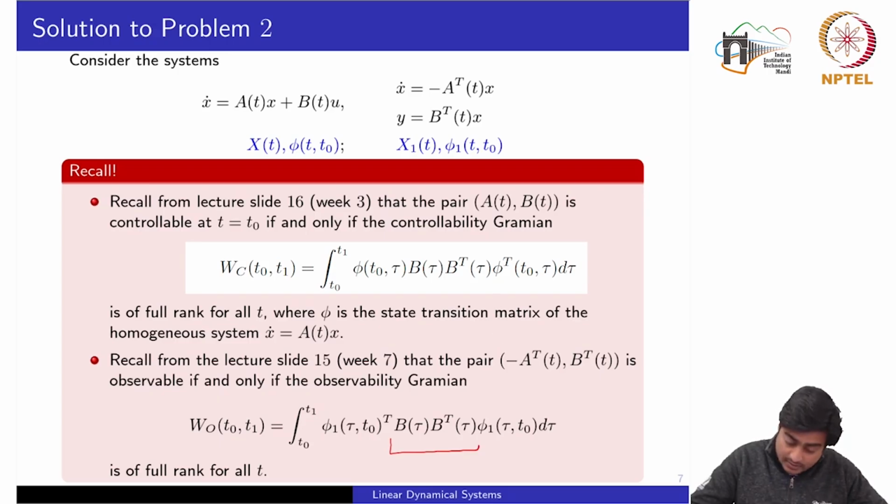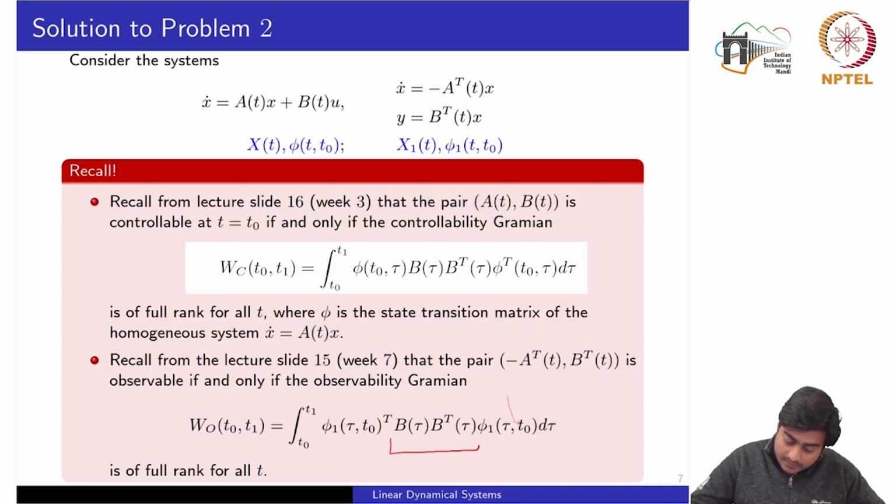So the next idea is, if we can show a relationship between the state transition matrix of system 1 and that of system 2, then we can directly show that WC is equal to WO. With a clear look, we only need to show that phi of t1 comma tau should be equal to phi 1 of tau comma t naught, transpose. Similarly here.